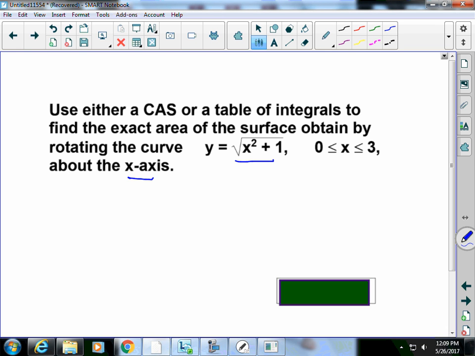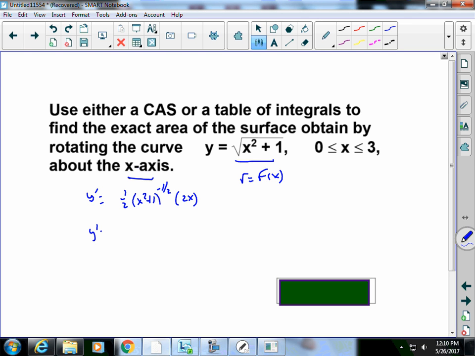So we are looking at a problem where we're in terms of x going around the x-axis. So that means we use f of x, so r is equal to f of x. Y prime is equal to 1/2 (x squared plus 1) to the minus 1/2, because I take the 1/2 out front and subtract 1 from the 1/2. That's where I get the minus 1/2, times the derivative of the inside, 2x.